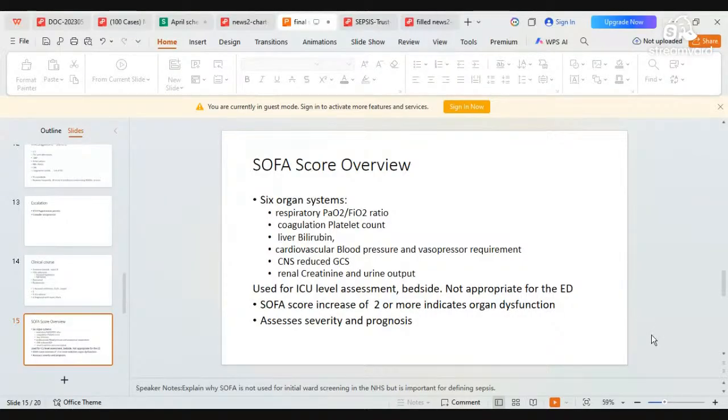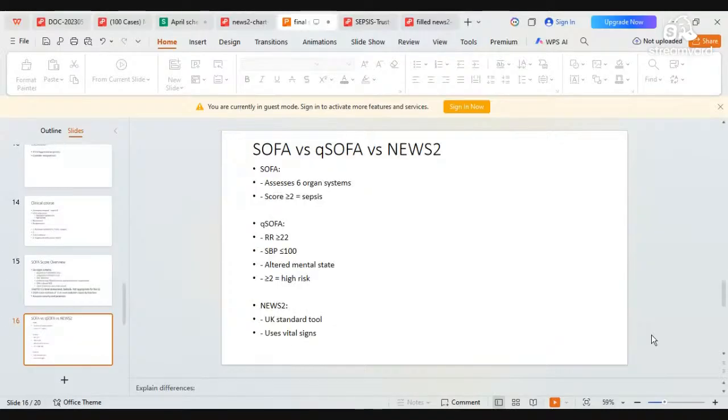But like I said, NICE emphasizes the use of the NEWS2 score and risk stratifying your patient based on that, and then acting swiftly. So NEWS2 is the UK standard tool, and it basically considers patients' vital signs. So we have the quick SOFA. Quick SOFA can be used in the ED, but it's not advocated for in the UK.